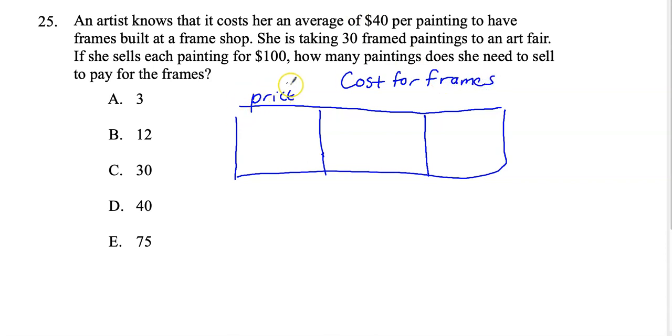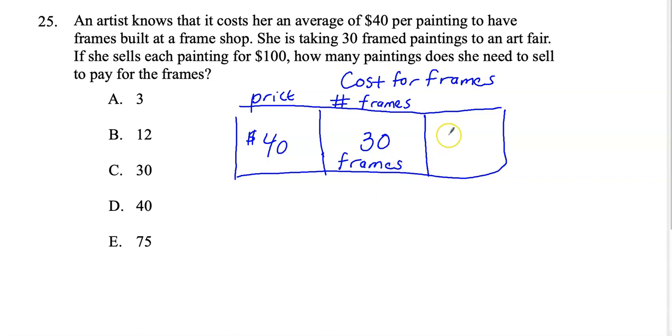So let's see, what's the price per frame? $40, right? What are the number of frames? How many frames is she going to have made and is going to take with her to frame her pictures? It says right here, she is taking 30 framed paintings. So 30 frames.